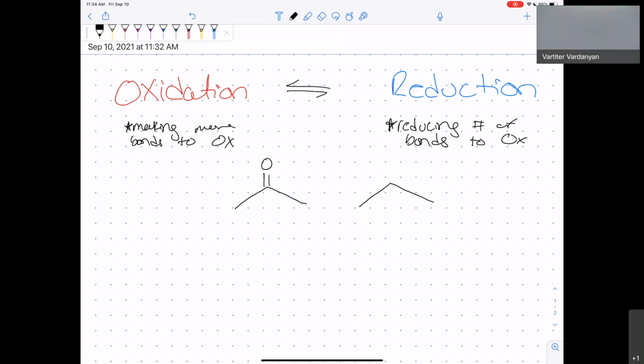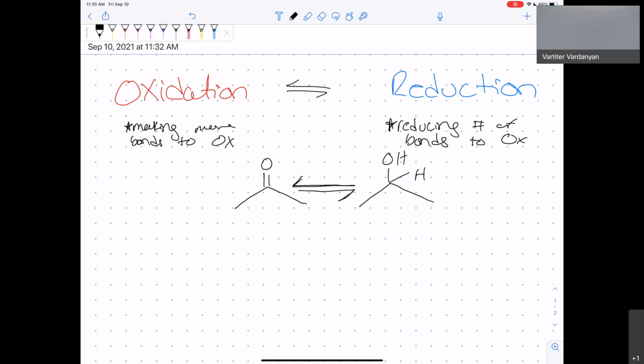ketone. Draw these arrows, and you're going to tell me which direction is which kind of reaction. The top arrow that goes from alcohol to ketone, is that being oxidized or reduced?